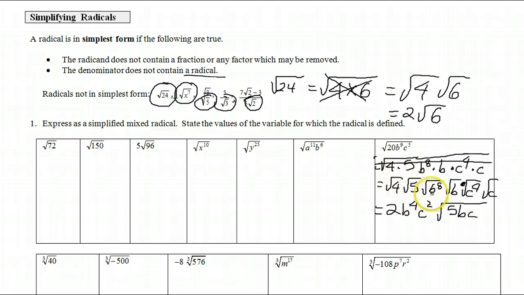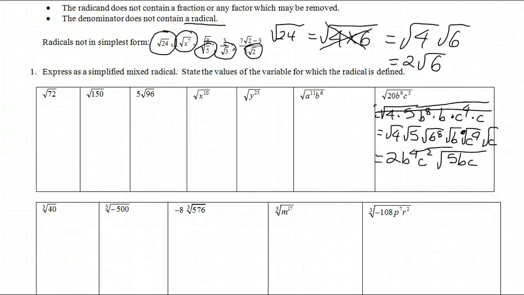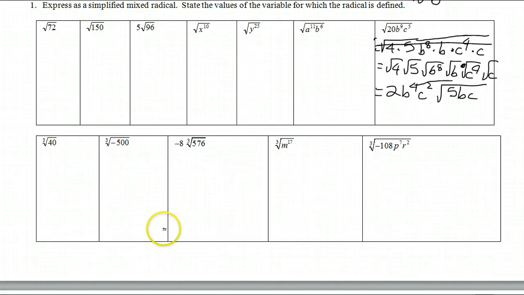Or in the case of the next line down, where we have cube roots. So the cube root of, let's say, negative 500 is the cube root of negative 125, seeing as this has a cube root, right?